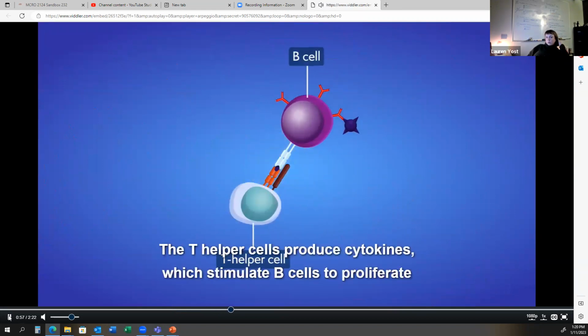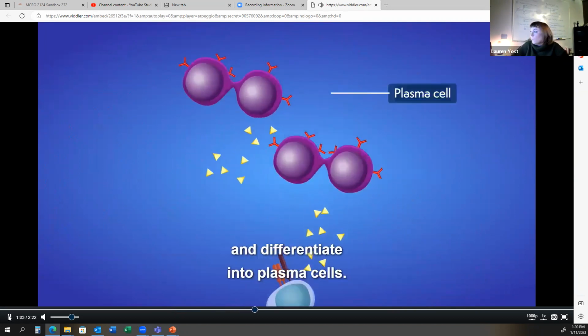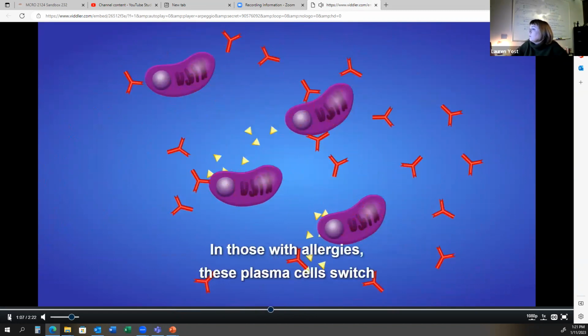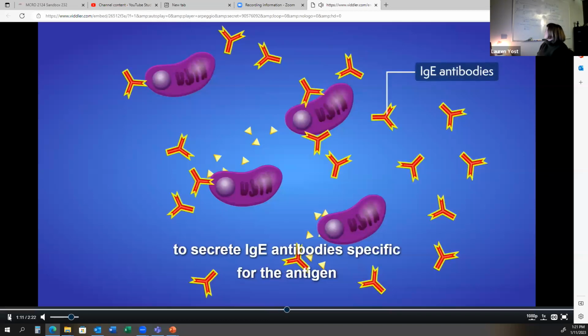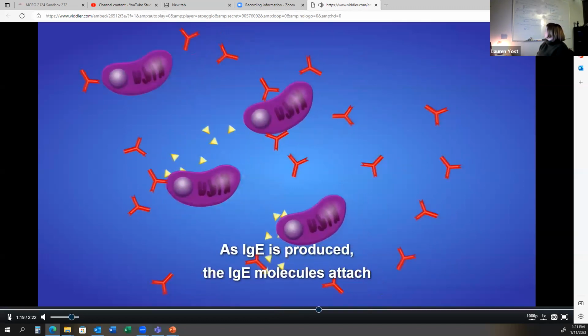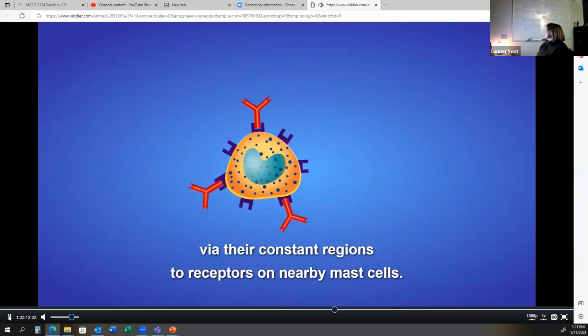The T helper cells produce cytokines, which stimulate B cells to proliferate and differentiate into plasma cells. In those with allergies, these plasma cells switch to secrete IgE antibodies specific for the antigen instead of the usual IgM antibodies.